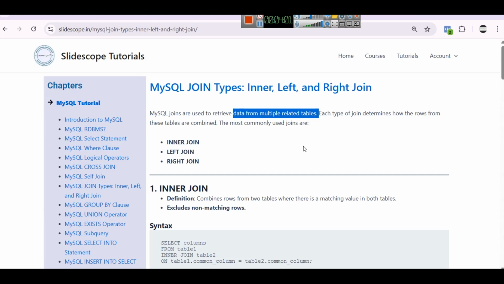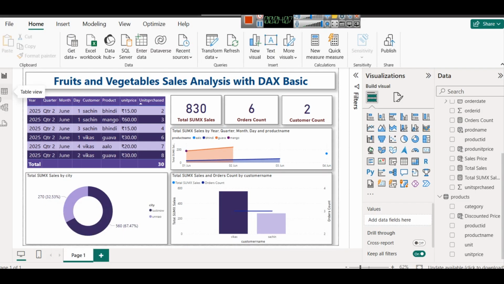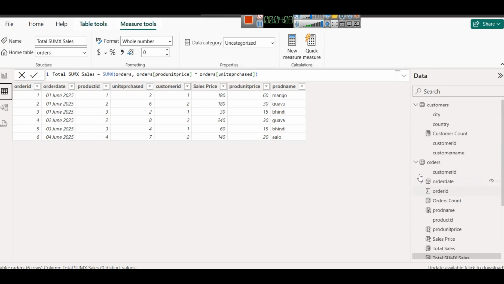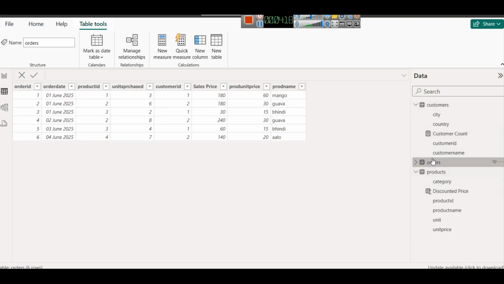And since we are learning it for Power BI also, let's say a very simple table, products table, a very simple table, orders table.